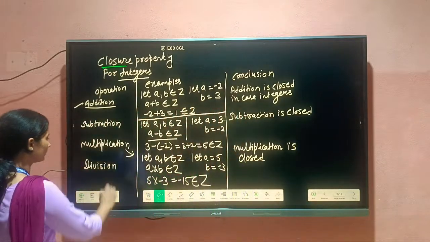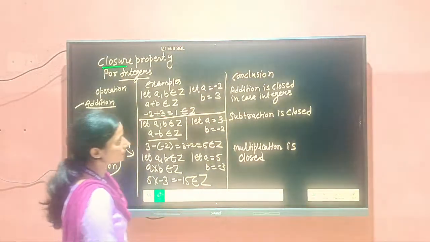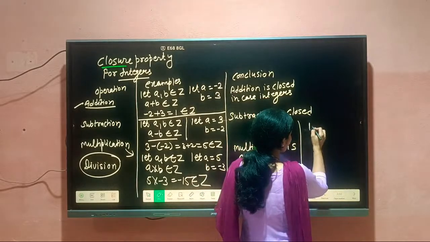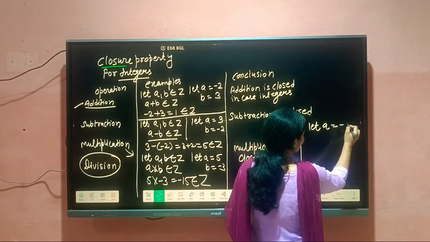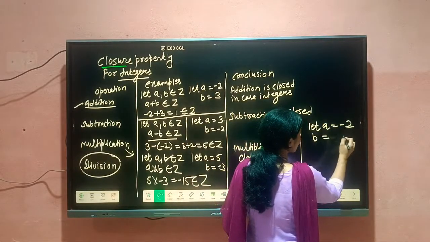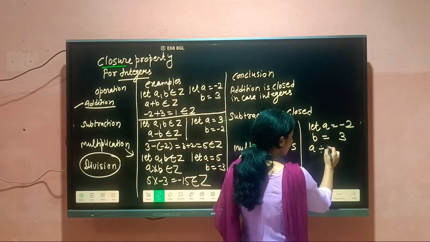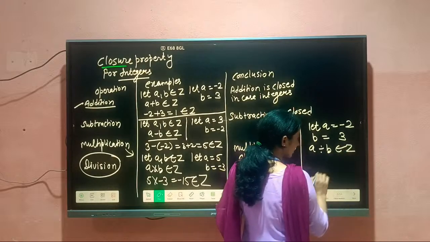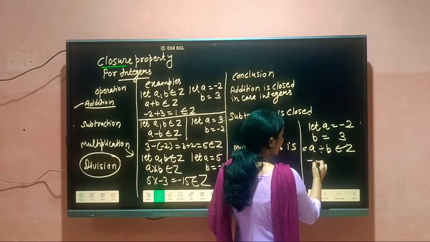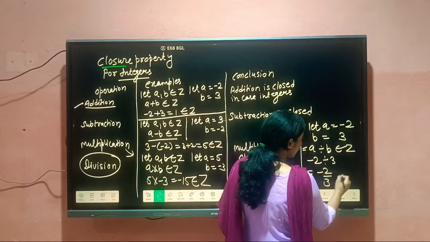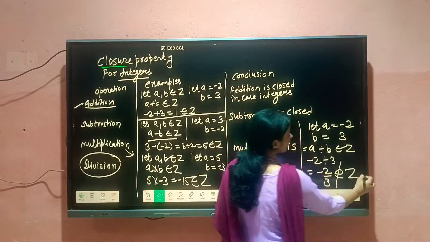Now for division, consider two numbers from the set of integers. Let A equal minus 2 and B equal 3. Then A divided by B must belong to integers. Let us verify. Minus 2 divided by 3. The answer is minus 2 by 3, which doesn't belong to the set of integers.